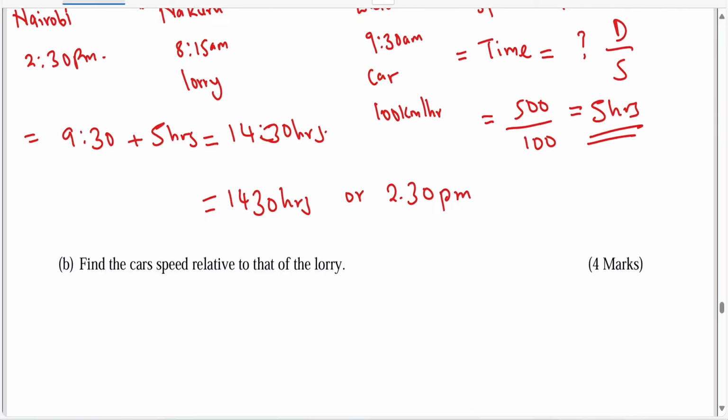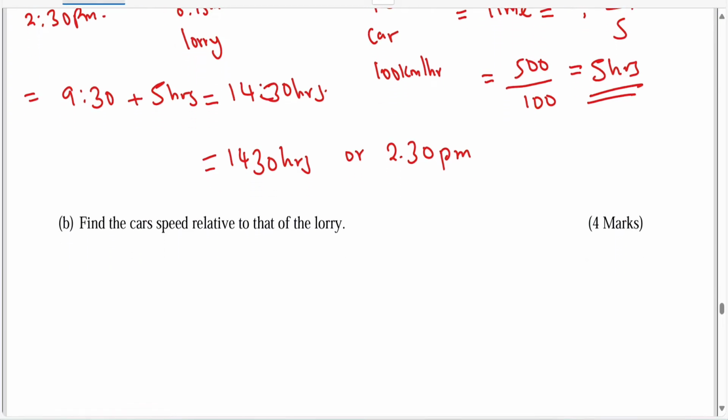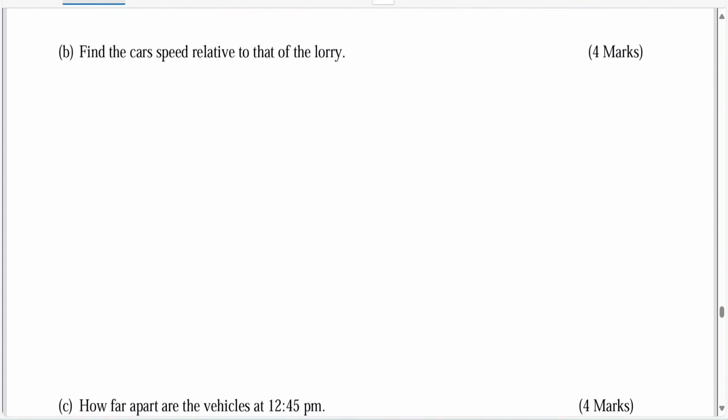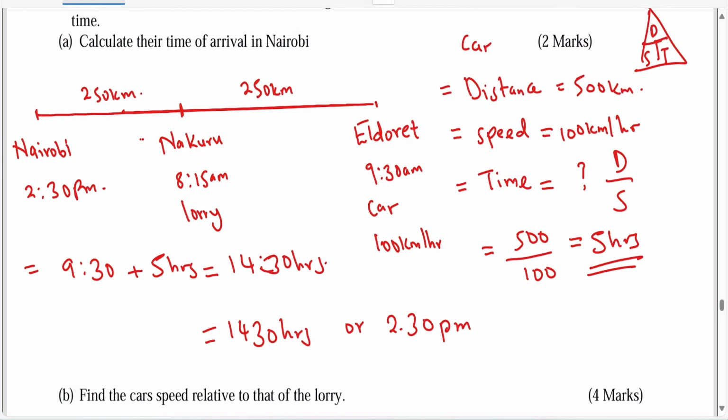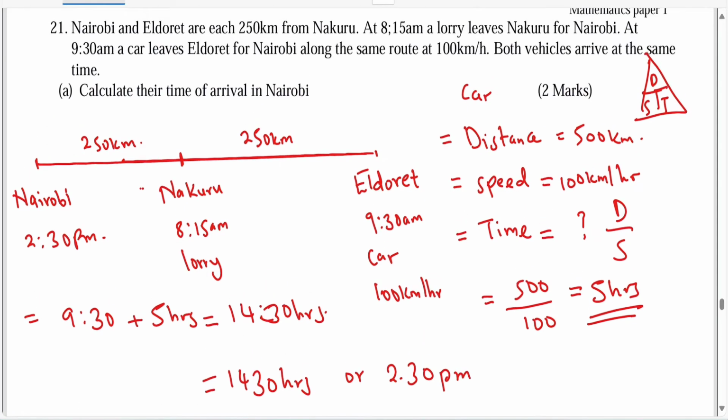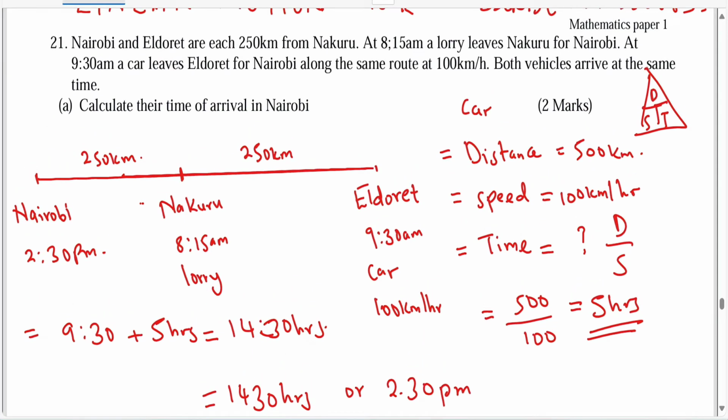So question B says, find the car speed relative to that of the lorry. So first of all, you need to find the time it took, and I hope we're together on that. Let me confirm something.